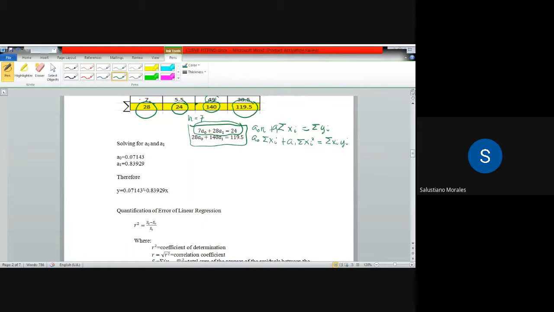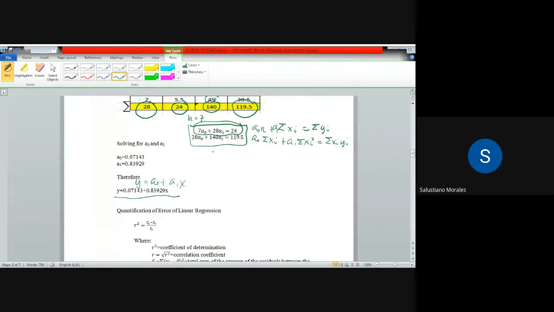Then, based from the equation of straight line, that is y equal to A0 plus A1x, we have now the resulting equation of the straight line. It is now 0.07143 plus 0.83929x. So that is now the equation that is the most fitted to the given data points.